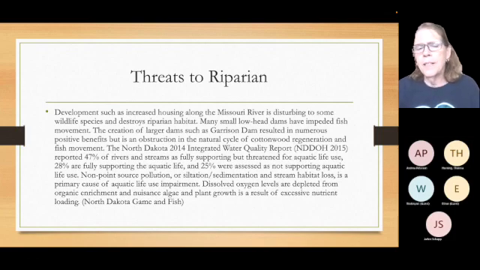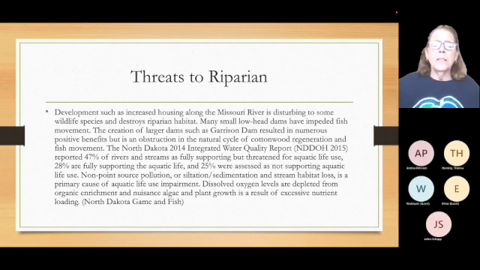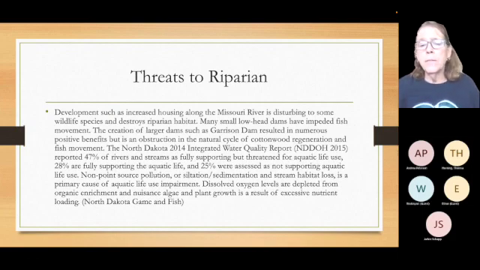When we try to alter it, we're altering the habitat within the riparian area, which ultimately is going to alter the habitat of the upland areas. It's also going to alter the habitat within the aquatic water itself, along with the water quality. So we think we're doing a good thing when we dredge rivers, but not necessarily.